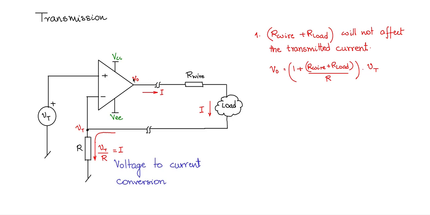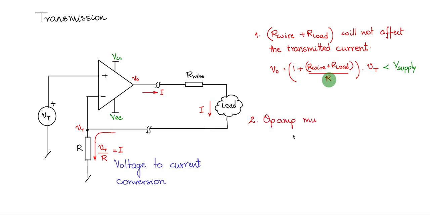V naught should not go and saturate at VCC, nor should it go and saturate at VEE. So you should keep that value low. You don't have much control in changing the value of R wire and R load, but you have control on R. Therefore, you can adjust R to see that this V naught is less than the saturation value or the supply voltage value. So this you need to keep in mind.